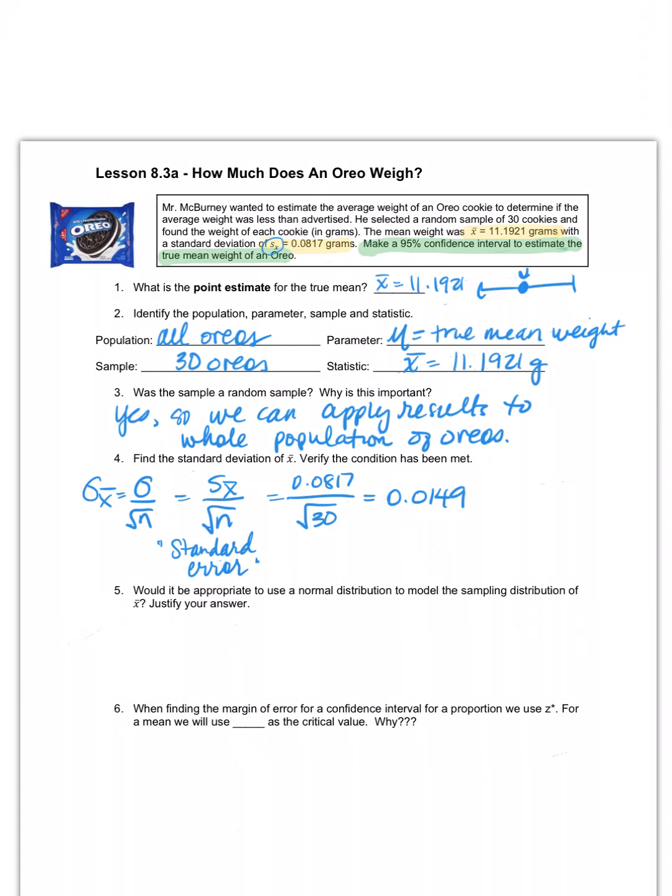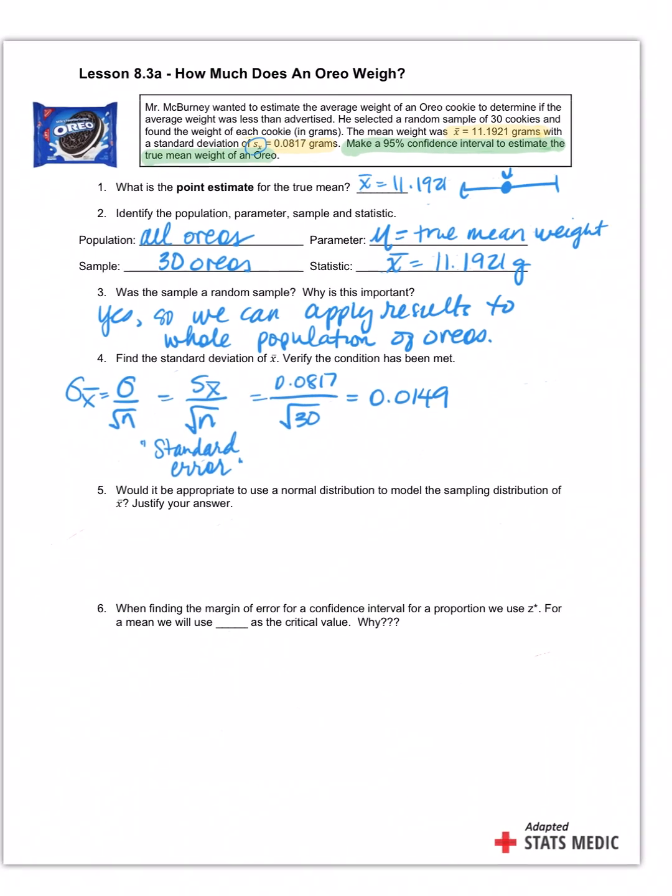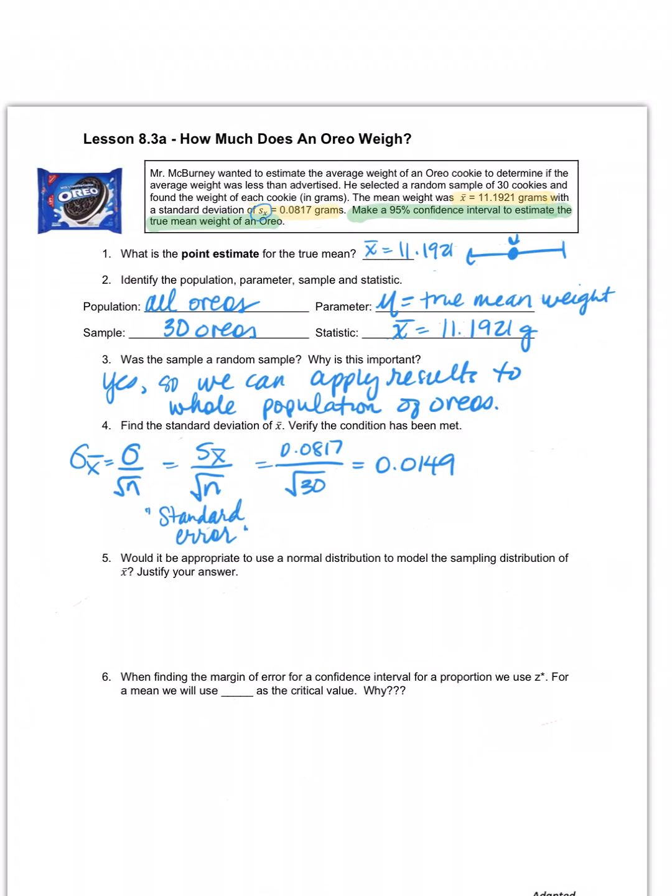All right, and then would it be appropriate to use a normal distribution? Oh wait, we didn't do the second part, did we? Hold up. So up here we checked the random condition. Now it says on 4, verify the condition is met. What condition do we have to meet for standard error? Do you remember? Is that like the 10%?